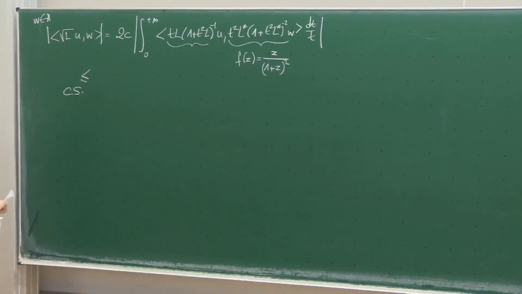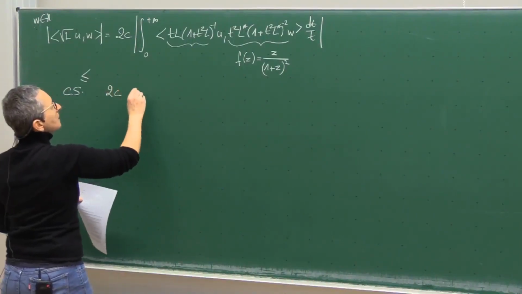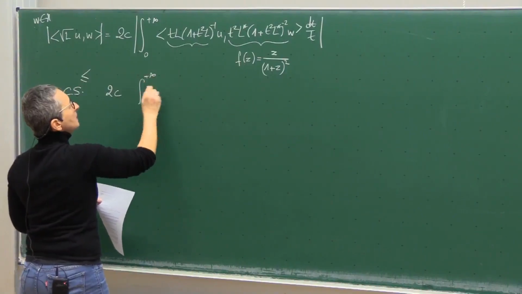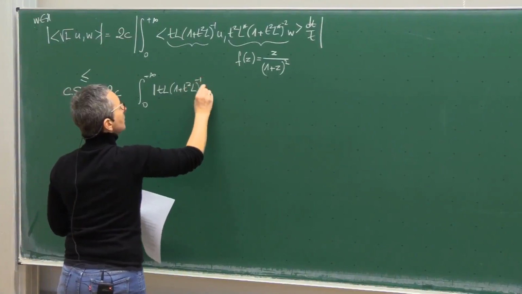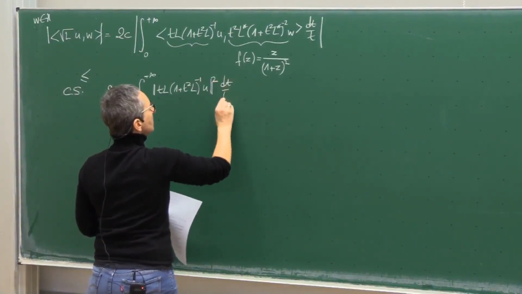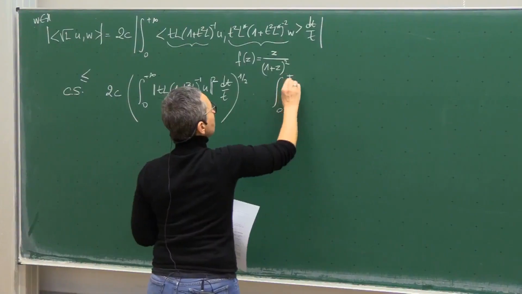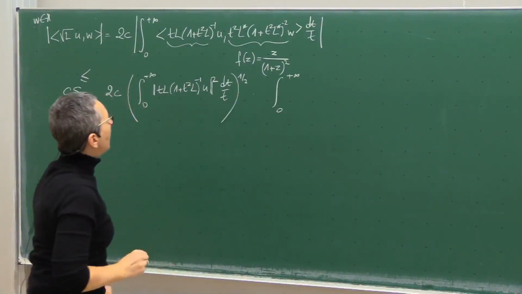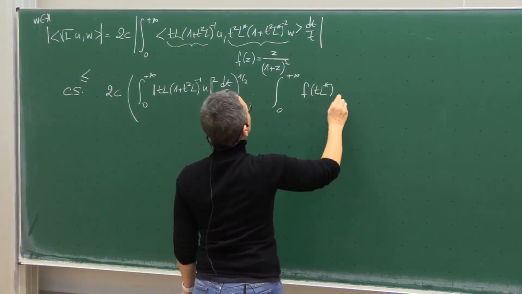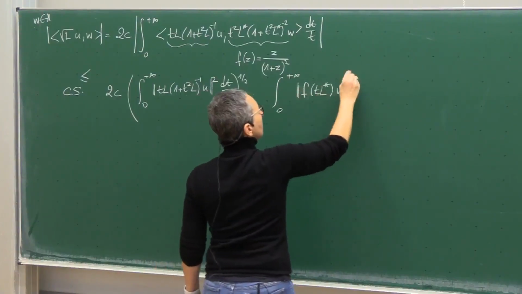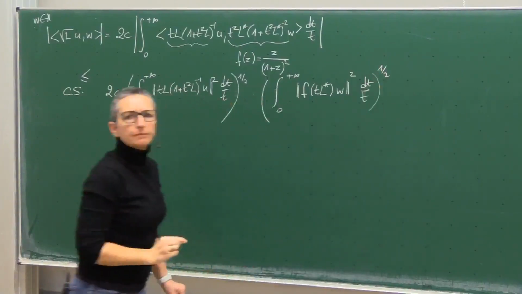So what I have here is 2c times integral from 0 to infinity of TL (1 plus t squared L) inverse u squared dt over t, to the power 1/2, times integral from 0 to infinity of f of t L star of w squared dt over t, to the power 1/2.